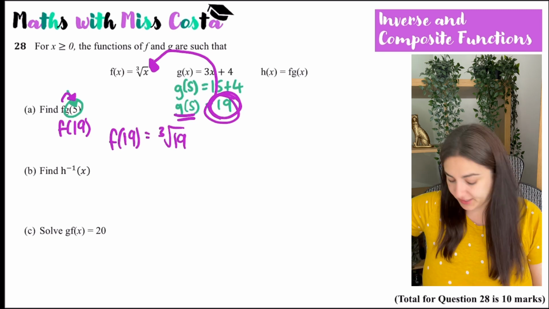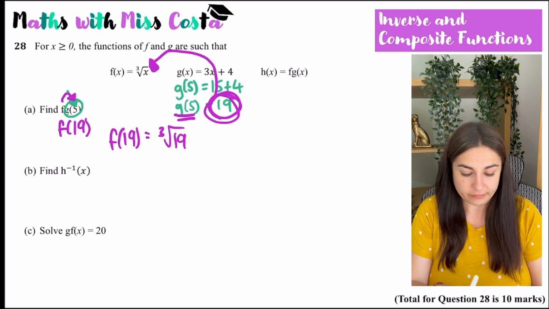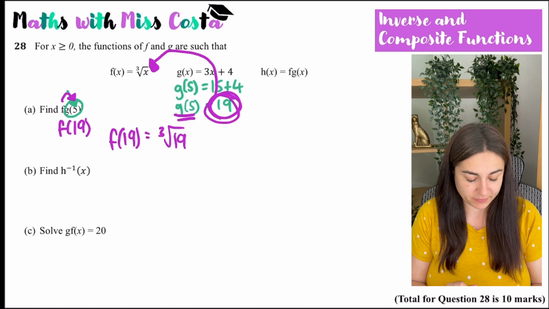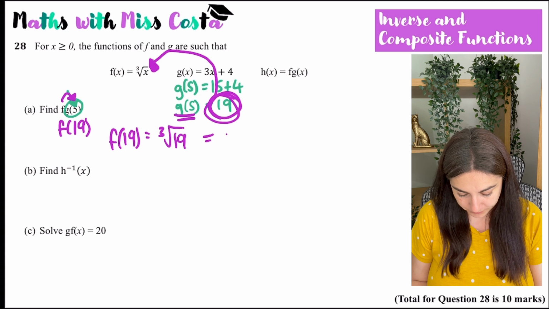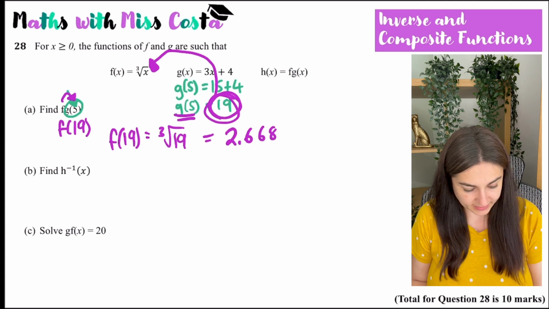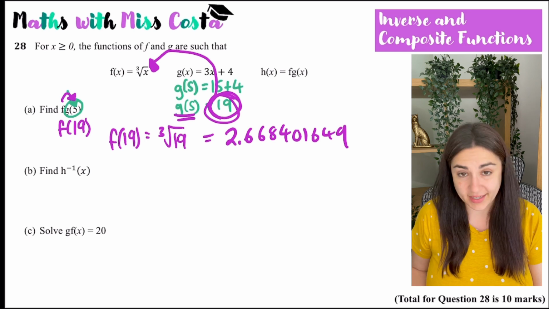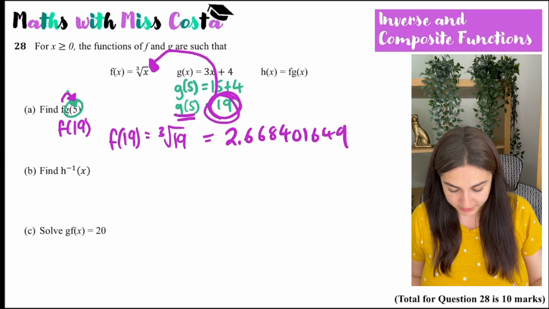And this is a calculator paper, so maybe leave it as the cubed root of 19 because it's more specific. But if not, then you type in cubed root 19, which is 2.66840169. That is all. So for a composite function, that is all we're doing.